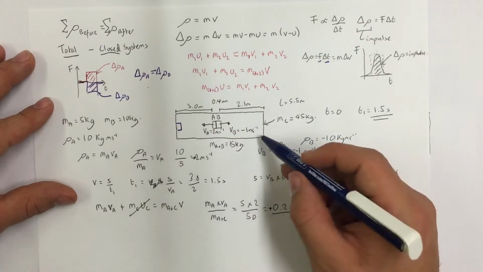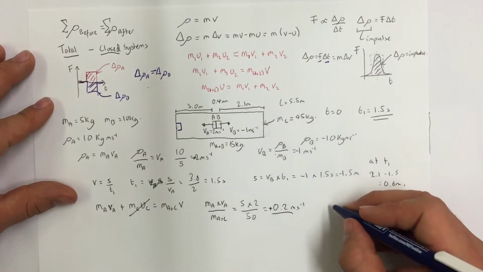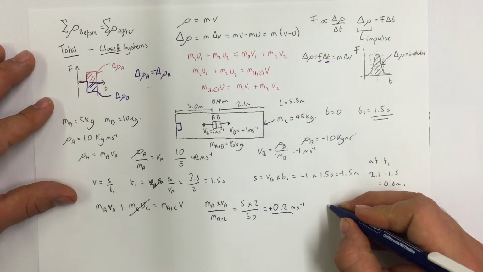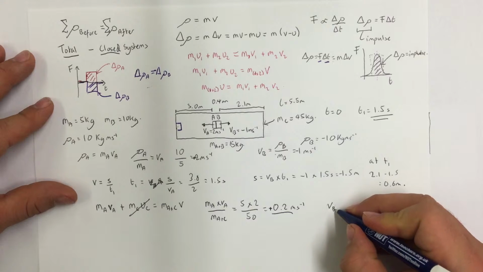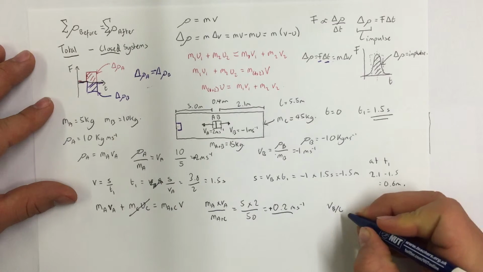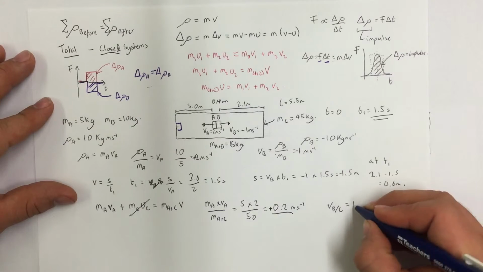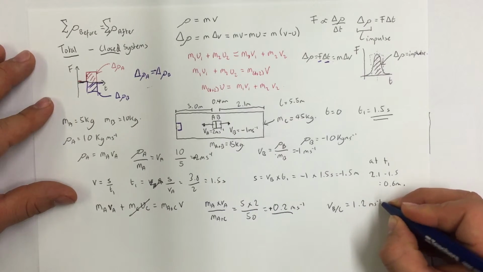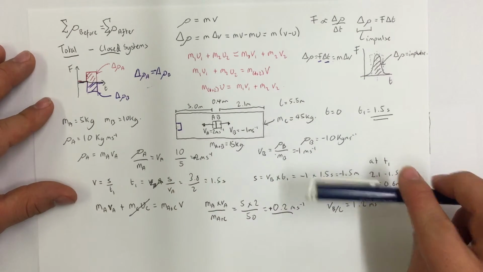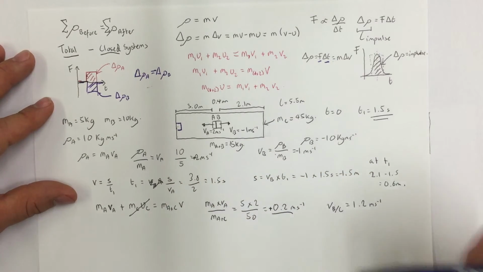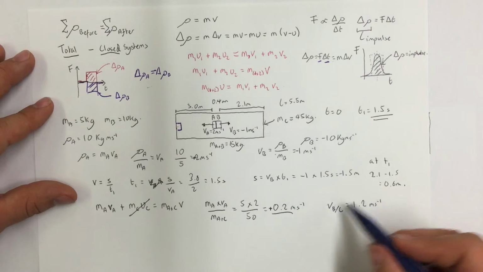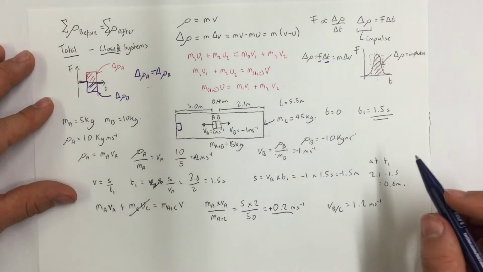So the relative speed compared to the container, the difference in speed, so this is the velocity of B compared to the container, is going to be 1.2 meters per second, because it's going -1 in that direction and the container's going 0.2 in that direction, so the difference is 1.2. So that's the difference in the speed between B and C.